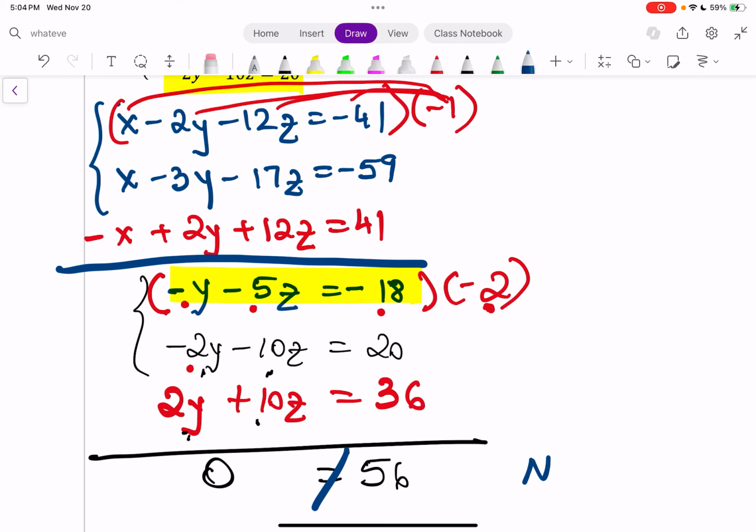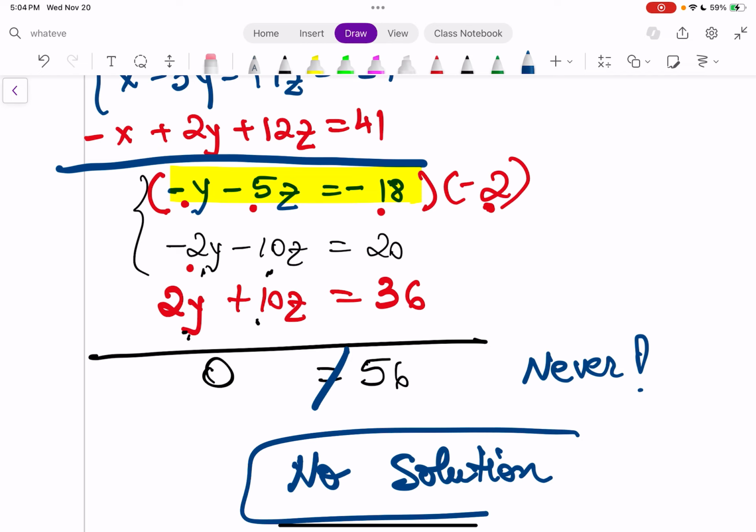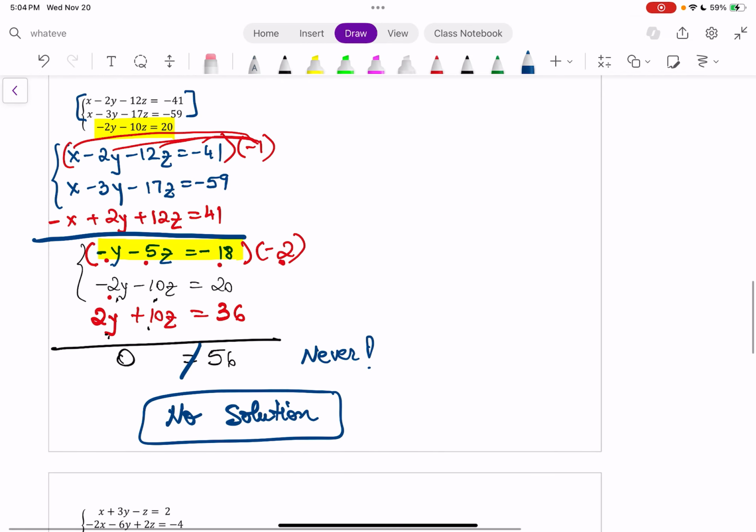A 0 never equals 56. So therefore this system has no solution, which, as we said, is one possibility.